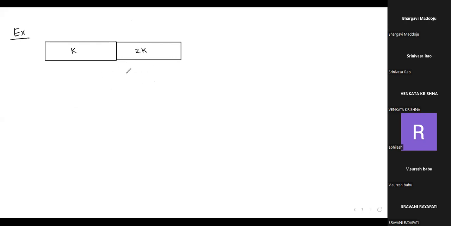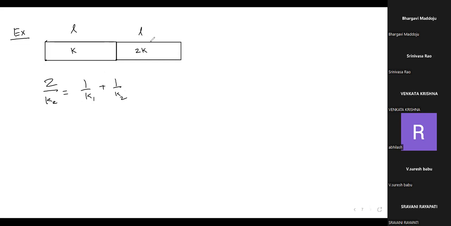L is the length of the rod. To calculate the effective thermal conductivity, you can directly apply 1 by K effective equals 1 by K1 plus 1 by K2. Using this one, you can calculate the effective K. It's very simple, it's not an issue.